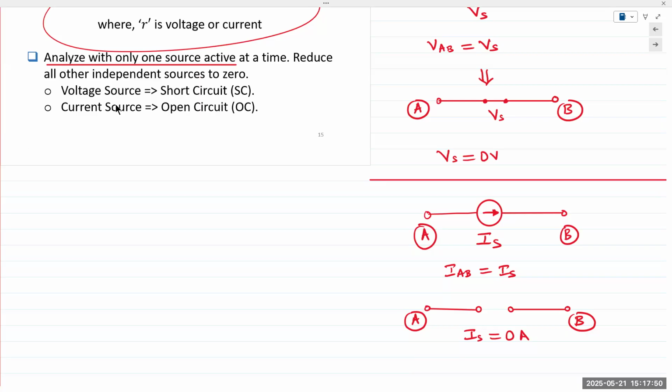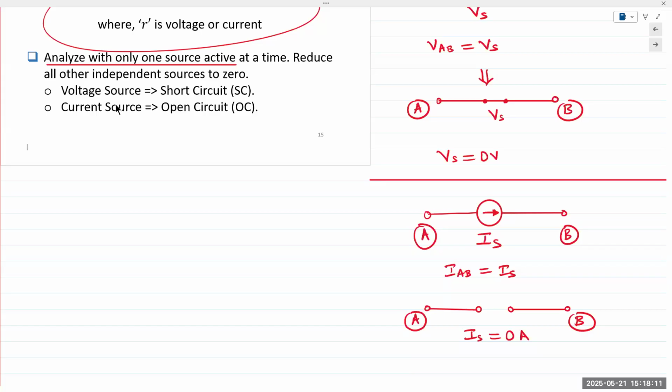Okay, so if you have n number of sources in a circuit, we analyze a circuit with only one source active at a time. All other independent sources are reduced to 0. Reducing a source to 0 means replacing a voltage source with a short circuit and a current source with an open circuit.